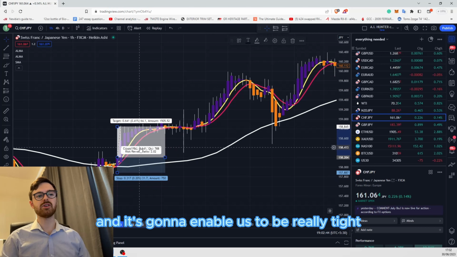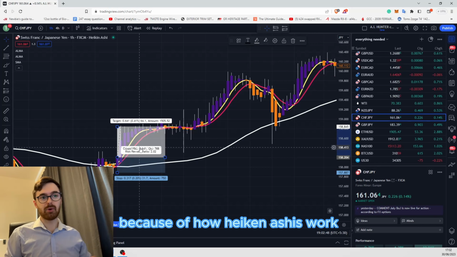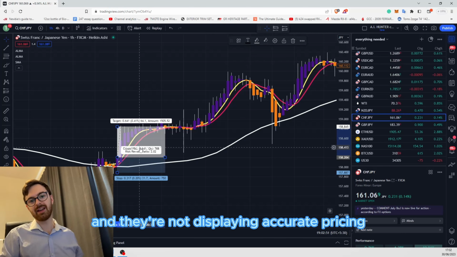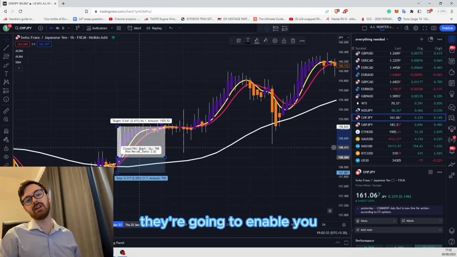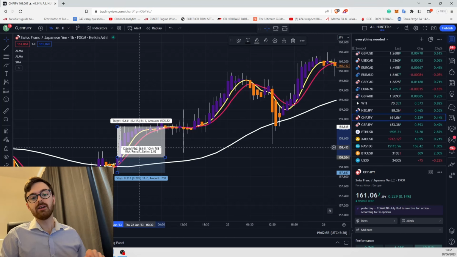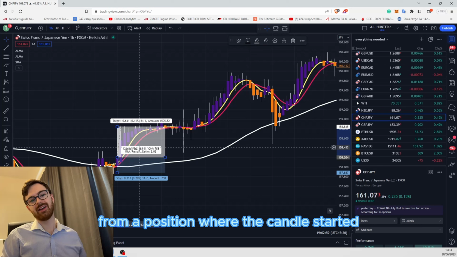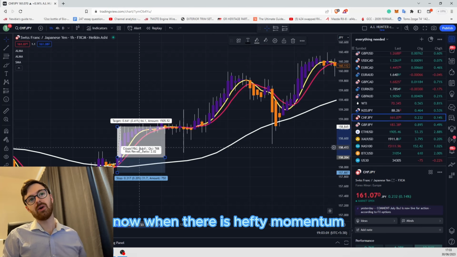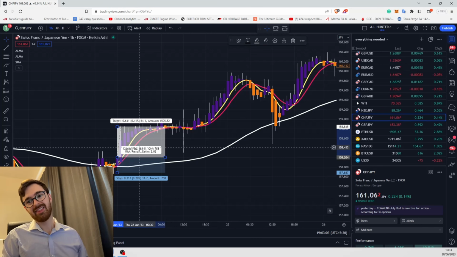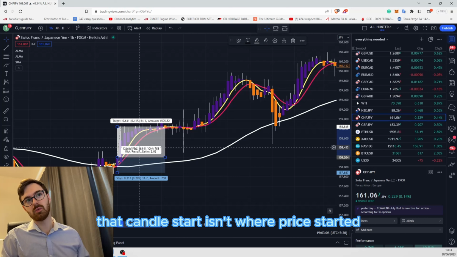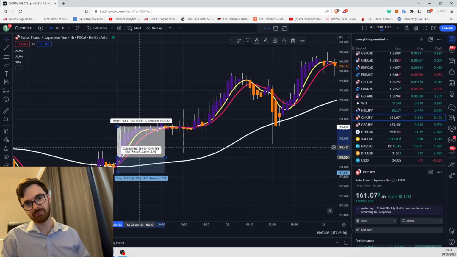And it's going to enable us to be really tight with our stop losses. Because of how Heikin Ashis work, they're not displaying accurate pricing, so they enable you to get a stop loss from the position where the candle started. Now, when there is hefty momentum, that candle start isn't where price started.